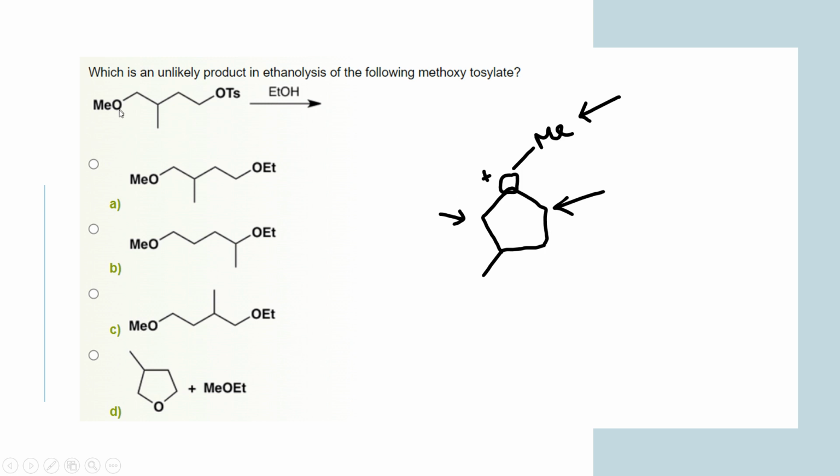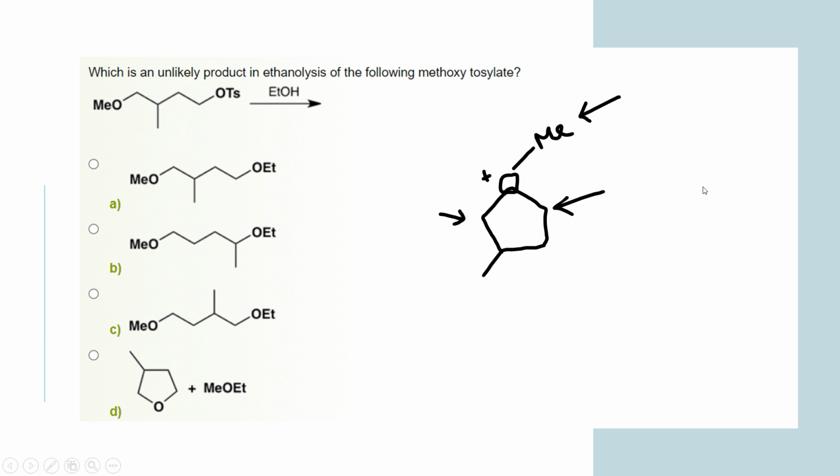This OMe lone pair can take part as a neighboring group participation, and that will elevate the rate of OTs knocking out, and you will get an intermediate of this type.